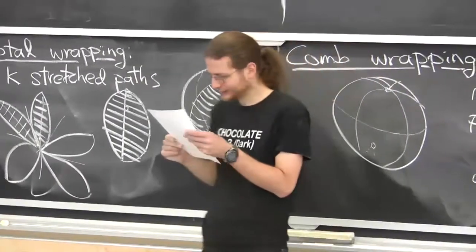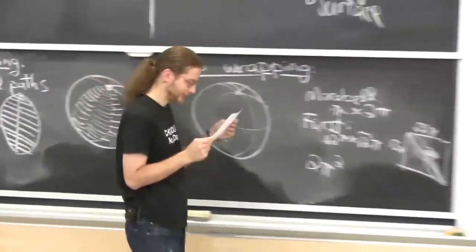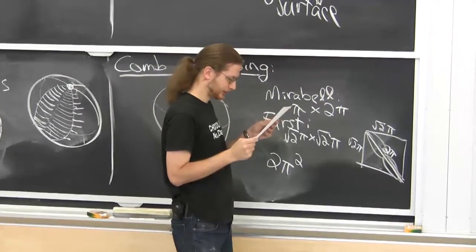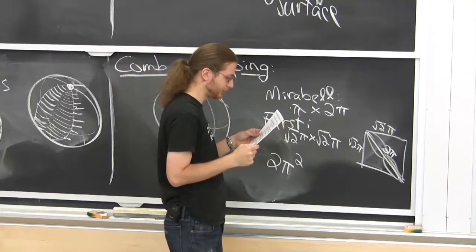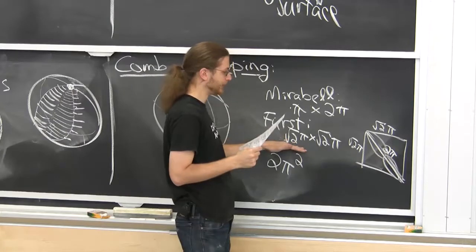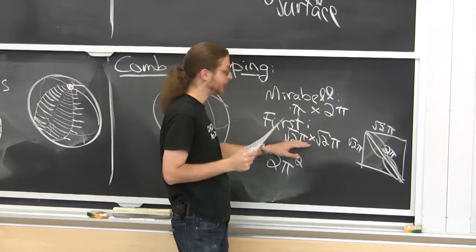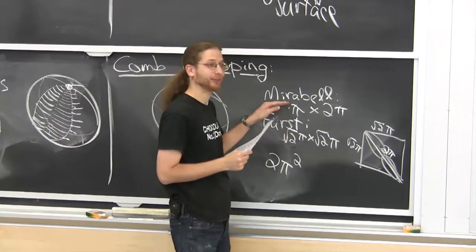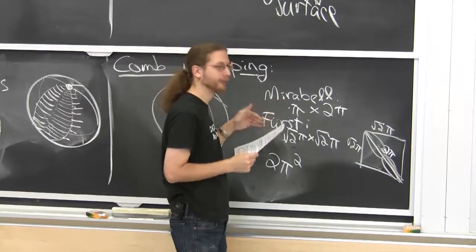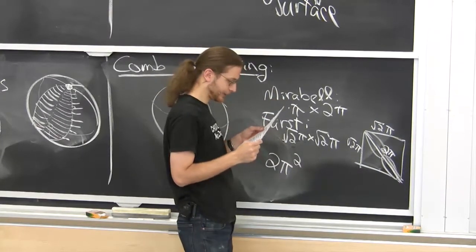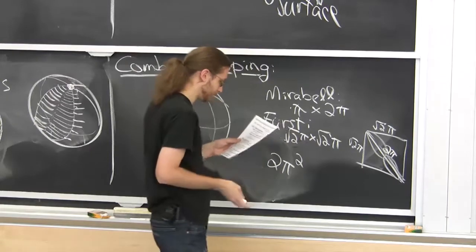I have some exact numbers, more exact numbers. I have the perimeters. So the first wrapping, the perimeter is 5.7 times pi, and the Mirabelle wrapping is 6 times pi. So reasonable savings in perimeter. 2 pi squared.